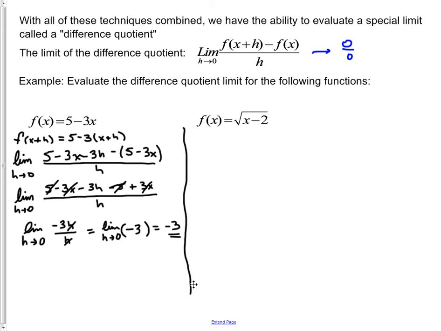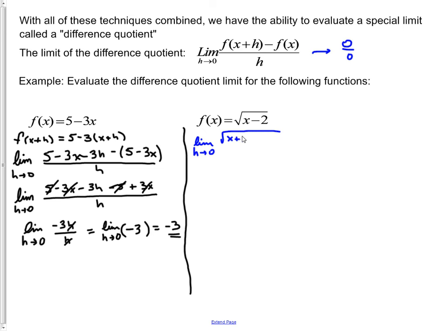All right, let's talk about it with this little bit more complicated function. This time we have f of x equals the square root of x minus 2. Well, if we were to put this into our difference quotient, we're going to find the following limit, and that is the limit as h approaches 0 of this quantity square root of x plus h minus 2, right?